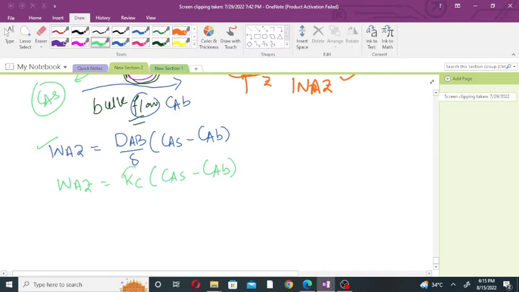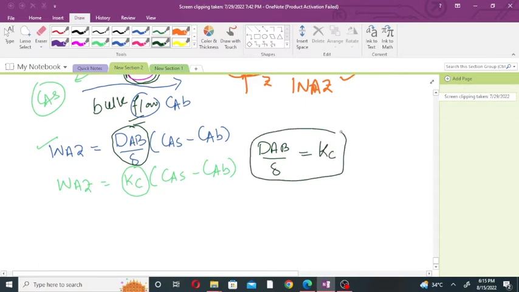Now what is this K_c? This K_c is called the mass transfer coefficient, and it is nothing but the diffusivity D_AB divided by the thickness of the hydrodynamic boundary layer.